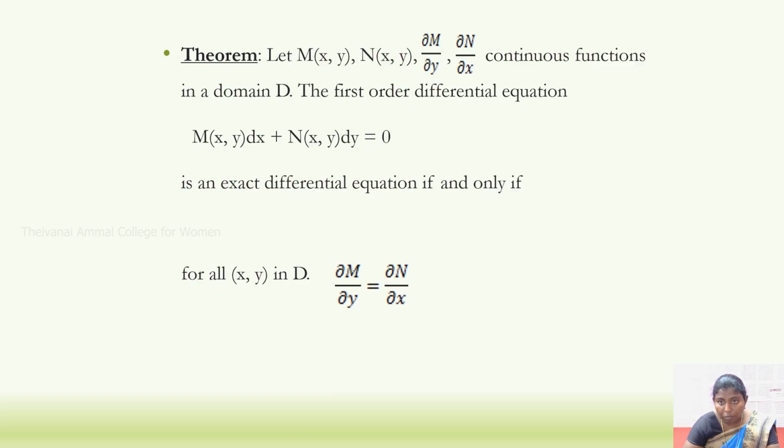So m partially differentiated with respect to y, and n of x comma y partially differentiated with respect to x, give the same values. Then that equation is called an exact differential equation. Otherwise, it is called a non-exact differential equation.